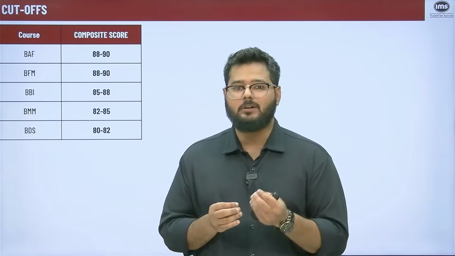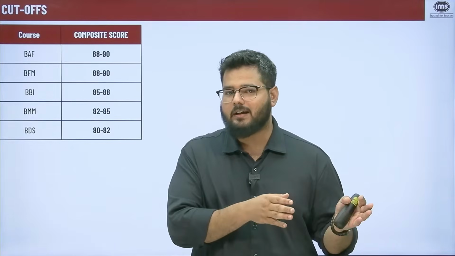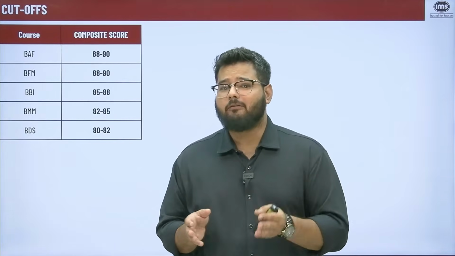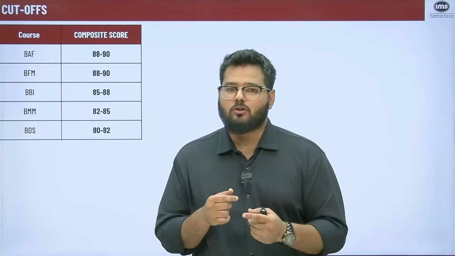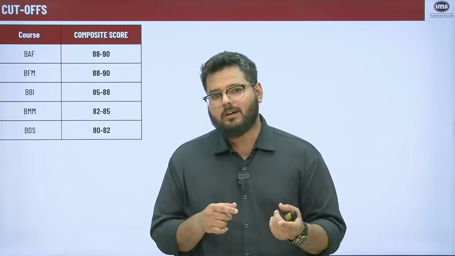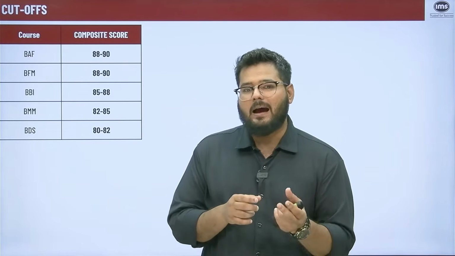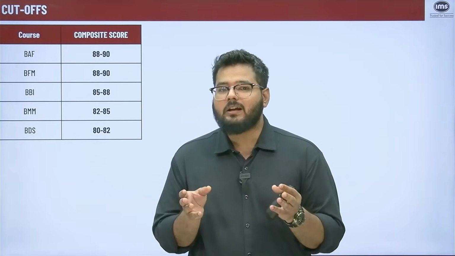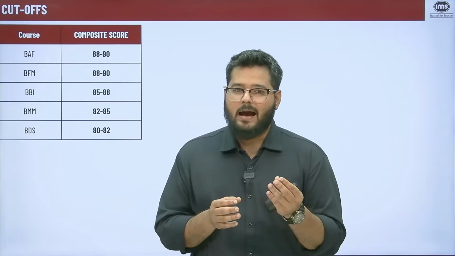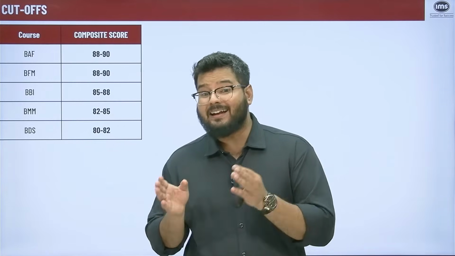I hope this example is clear. So if a student is getting a very good percentage in their board exams, but a very bad score in the entrance exam, that student might not clear the cutoff. At the same time, a student who is scoring very well in the entrance exam but very badly in the board exams might again not clear the cutoff. So basically we need to have a balance between your board and your entrance exam.